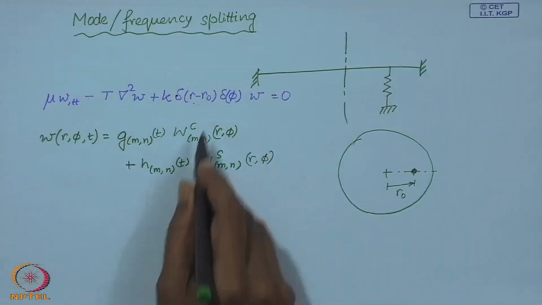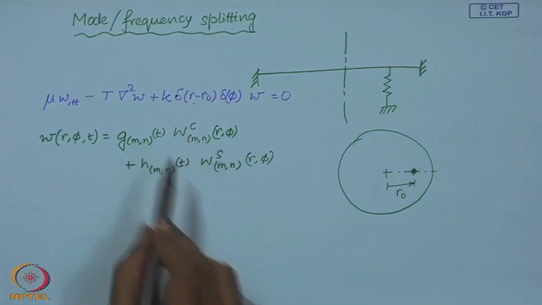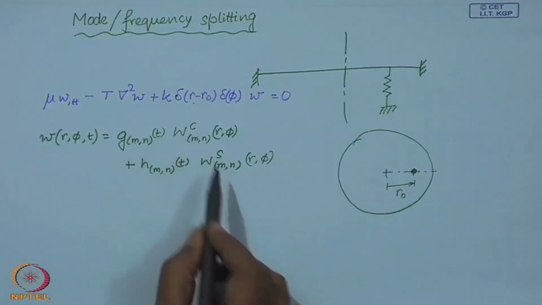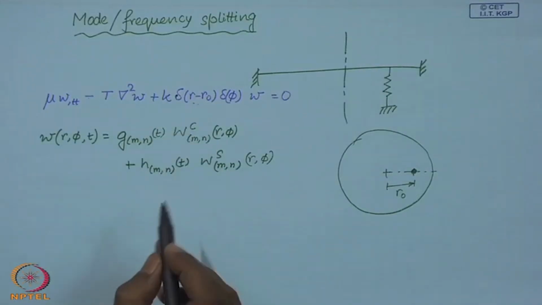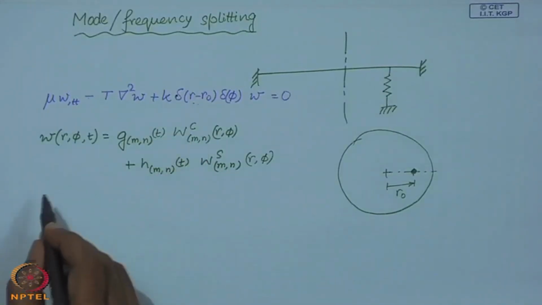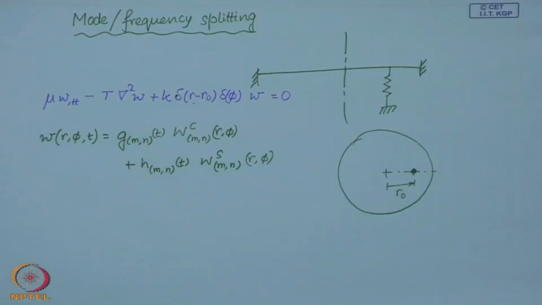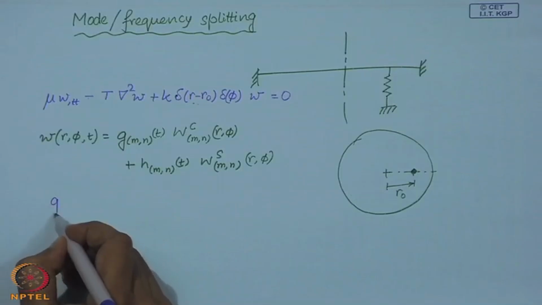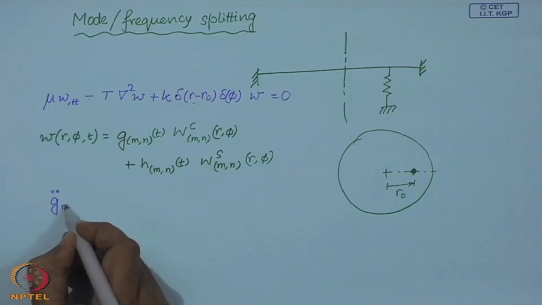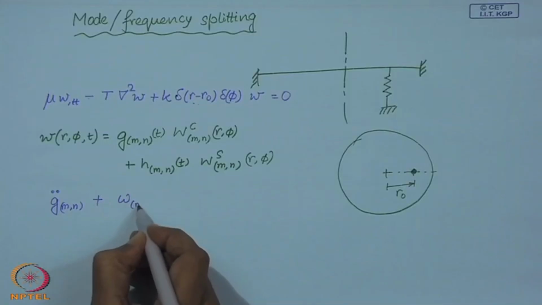So, I have taken a single mode, actually corresponding to a single frequency. So, there are two degenerate modes. I have taken these two, and if you substitute here and take the inner product and discretize the equation, so that you get the dynamics of these modal coordinates, then it looks like this.